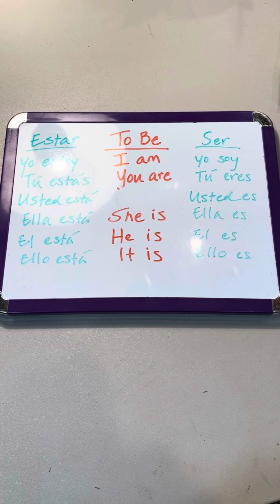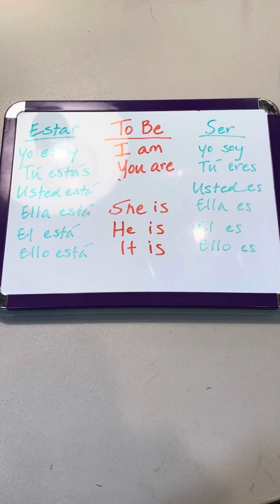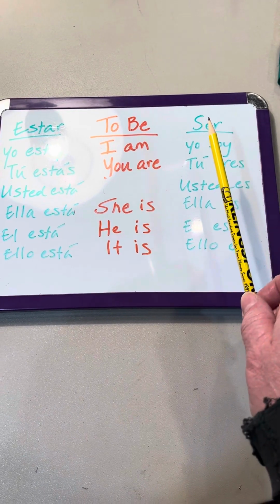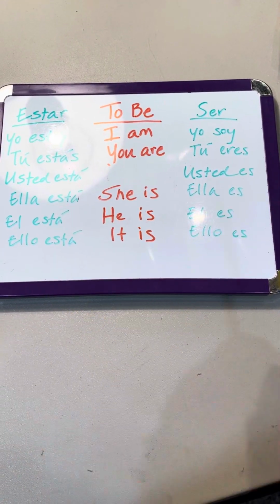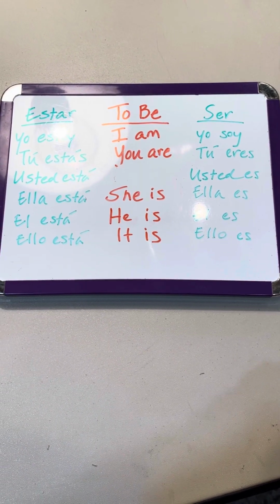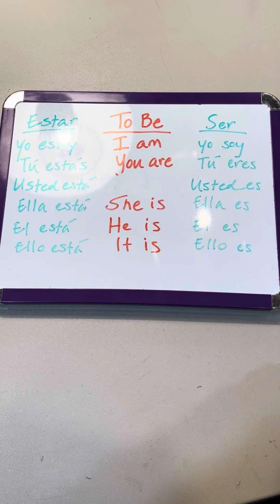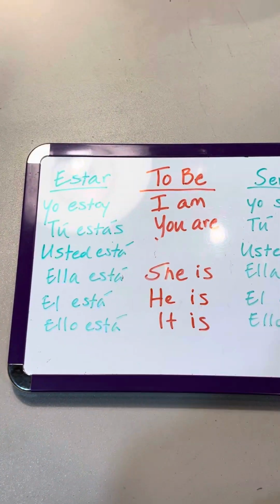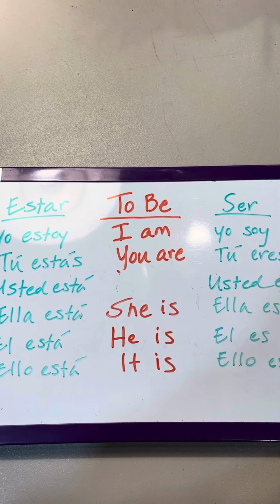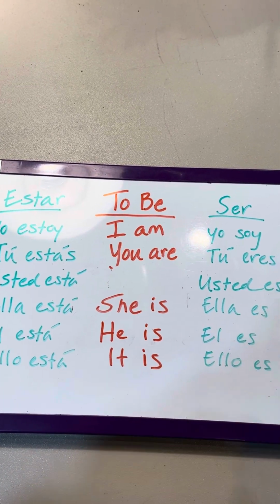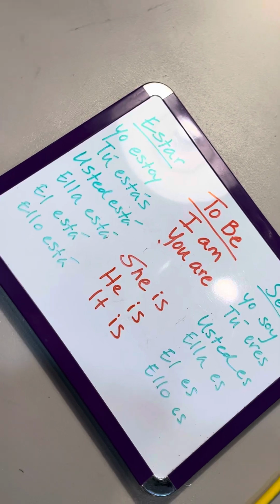Well, welcome to April, and we're going to be focusing on ser and estar more than we have in the past. If you remember, ser and estar are both the verb to be. One is temporary and one is permanent.